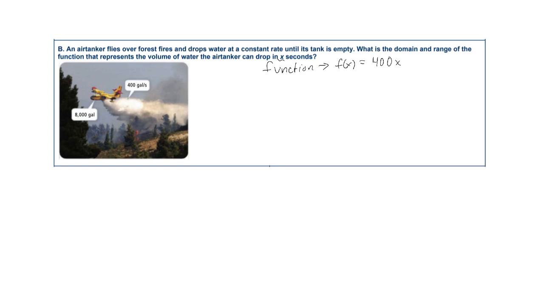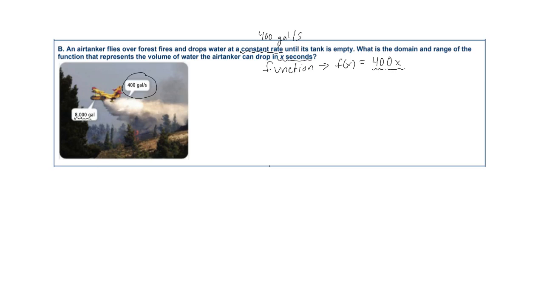Okay, right here it says x seconds, and our constant rate is 400 gallons per second, as you can see from the picture right here. And we start off with 8,000 gallons. So what we want to do is find out when our tank is empty, and that's why our function is our 400 gallons per second times the number of seconds.